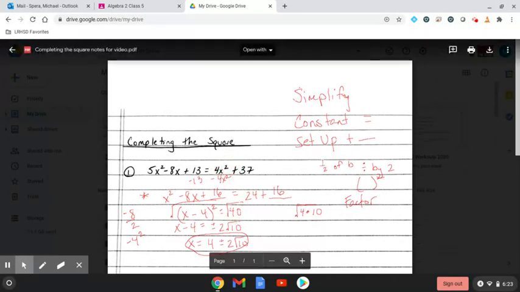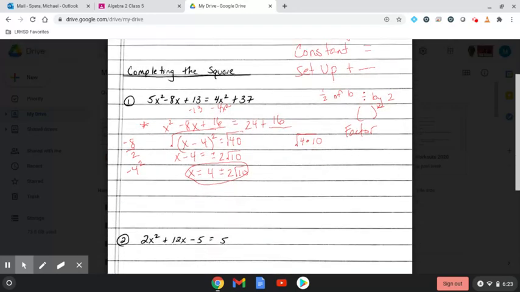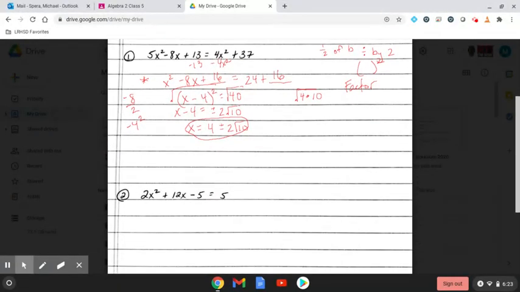All right. Why isn't this scrolling? Okay, so that's the first type of problem you're going to be asked to do. One in which the leading coefficient is just 1, right? 1x squared.